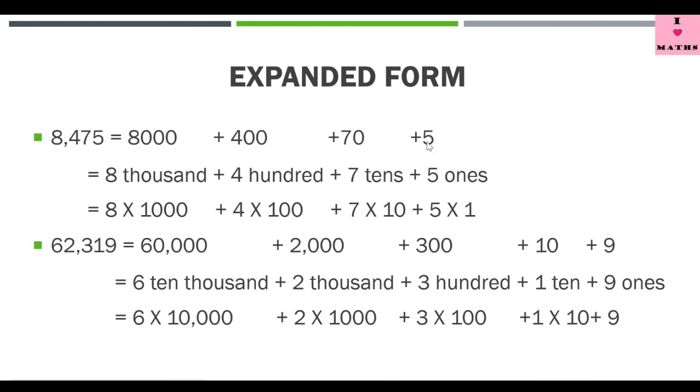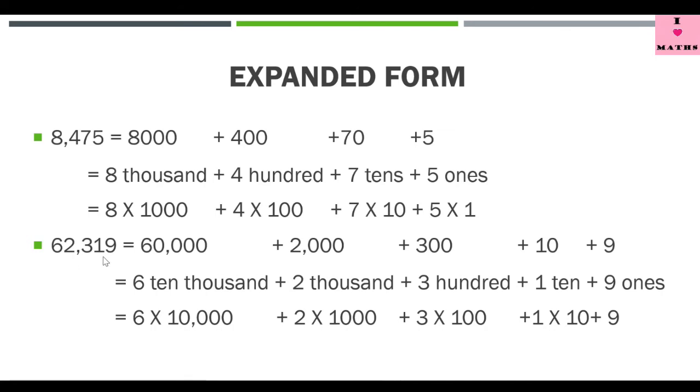Now you can see 5 ones is 5, 7 tens is 70, 4 hundreds is 400, and 8 into 1000 is 8000. So all the 3 ways are absolutely correct.